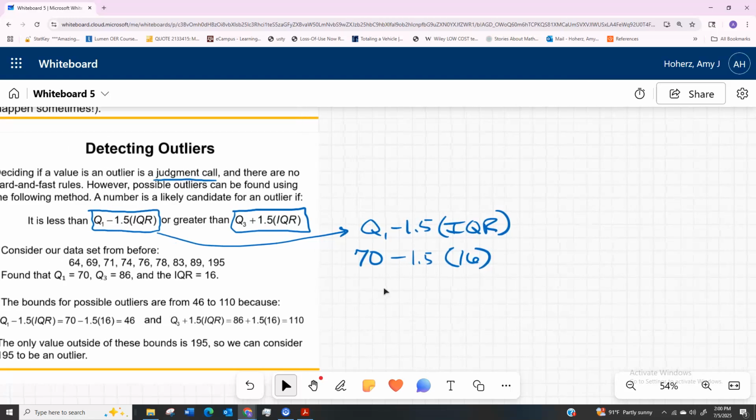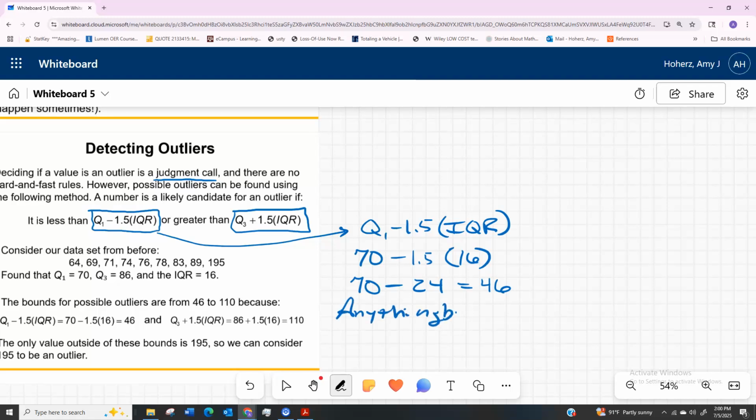And if we put that in and calculate that out, 1.5 times 16 would be 24, and 70 minus 24 comes out to be 46. So what we're going to do is look at our data and ask, is there anything below 46?